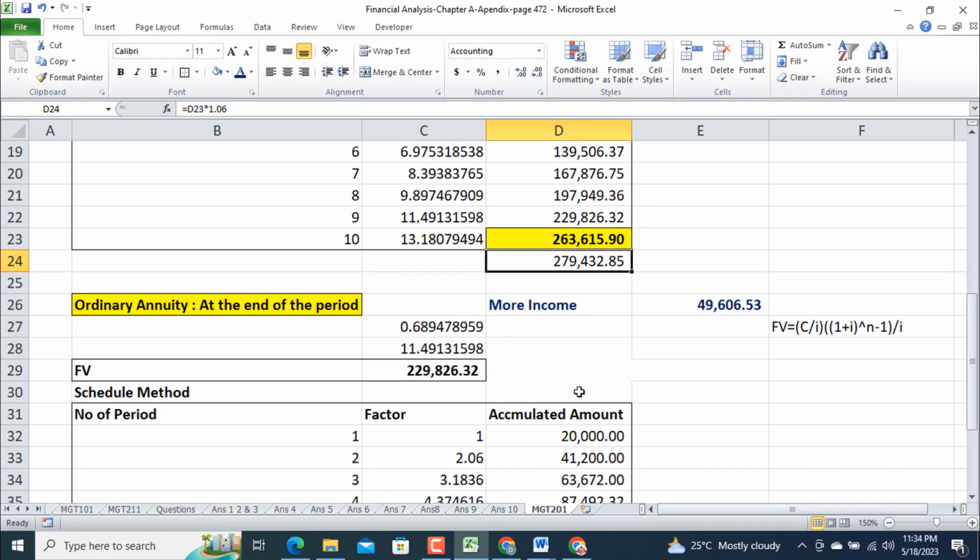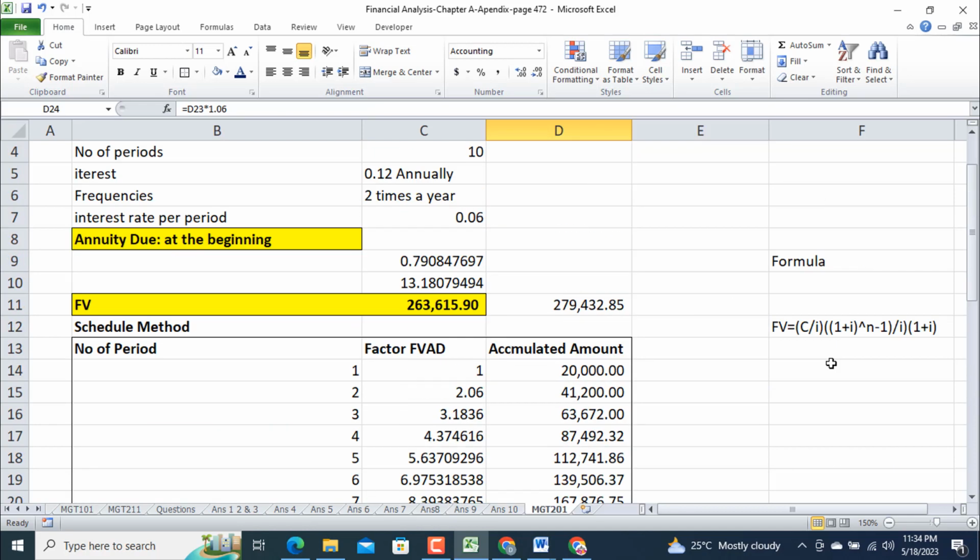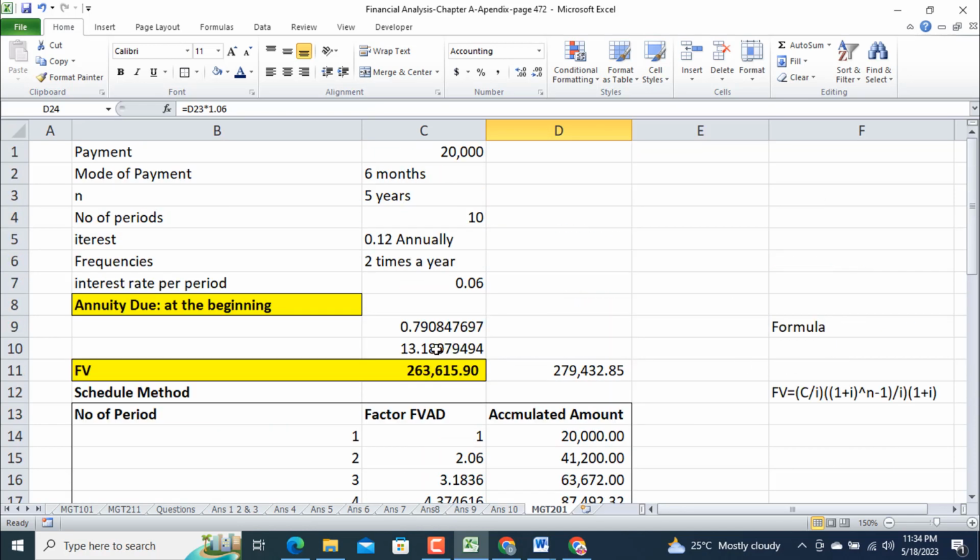Now come to case 2, where Mr. Salman has the option to go with the ordinary annuity, where the payment is made at the end of the period. The first difference between the ordinary annuity and annuity due is that here we have one less period as compared to the annuity due, because in the annuity due we make payment at the beginning.